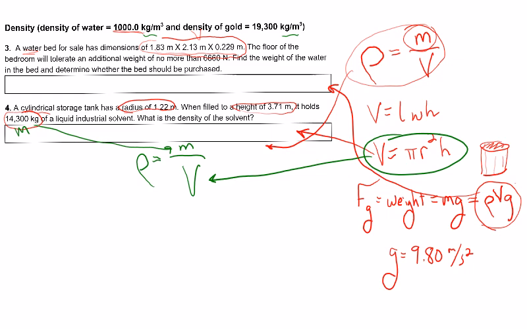One thing to realize is that it takes 1,000 grams per cubic centimeter to make 1 kilogram per cubic meter. That's the idea of doing a little bit of conversion here, but that's not really important. As long as you are putting it into the right units, you should be perfectly fine.